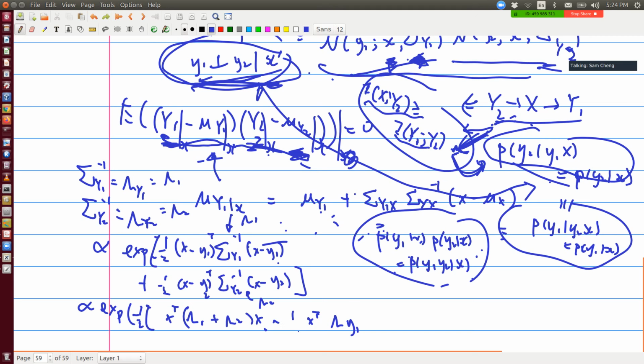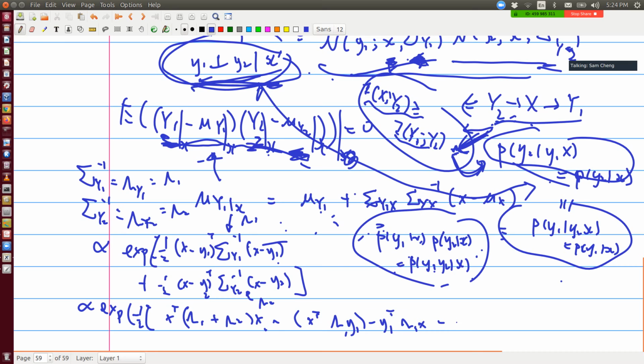And actually the 1/2 is already outside. The other term is y1 transpose lambda 1 x, from here x transpose lambda 1 y1, and y1 transpose lambda x. So I want to have the linear terms next. I have 4 terms here, right?